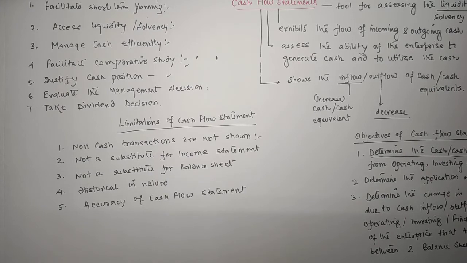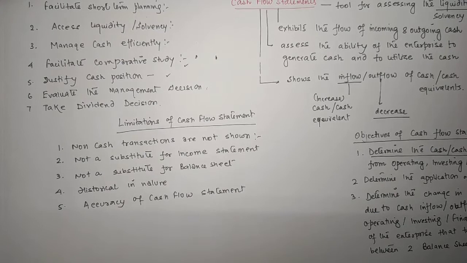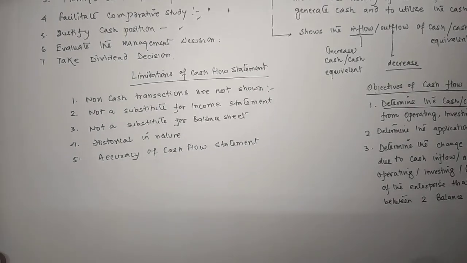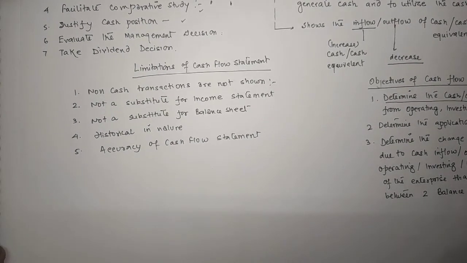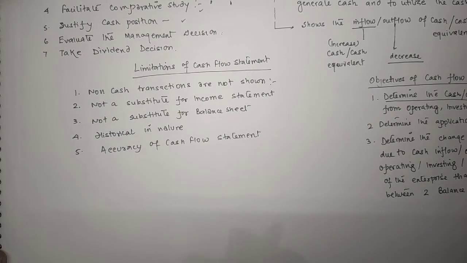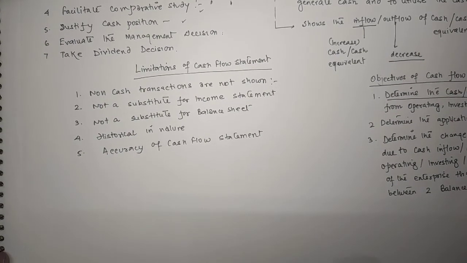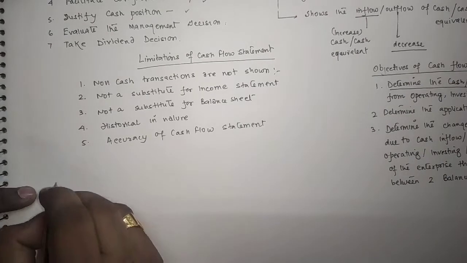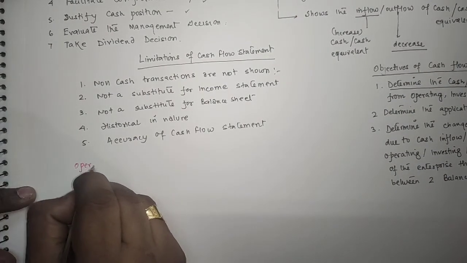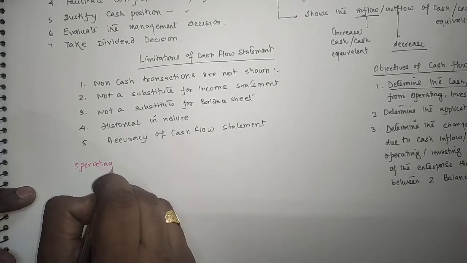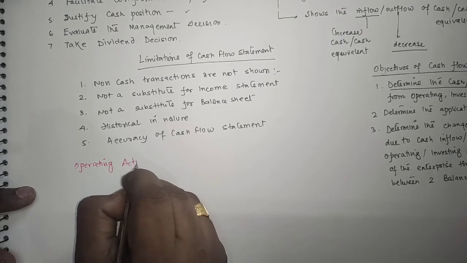As we know, the cash flow statement is prepared on the basis of three activities: operating, financing, and investing. So let us discuss how the cash inflow and outflow goes from operating activities.